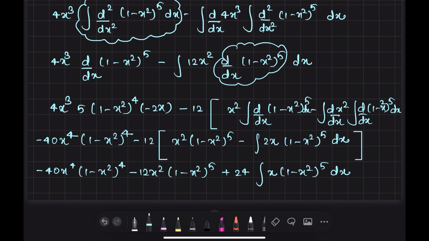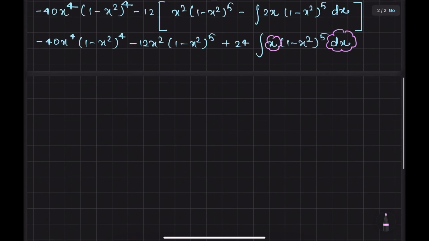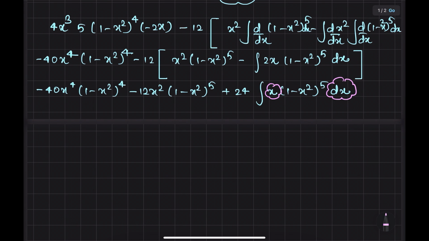So you have to integrate this function. For that, I will take z as 1 minus x square. So dz by dx will become minus of 2x. Now this is dx, this is x, so I can manage that situation.